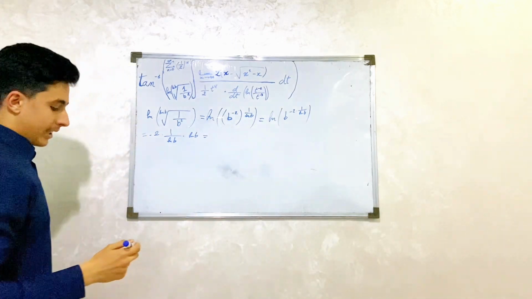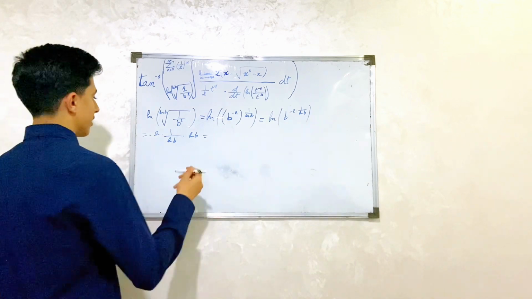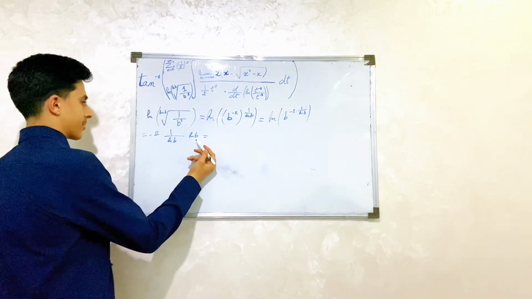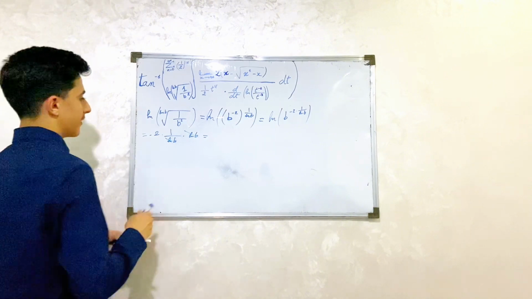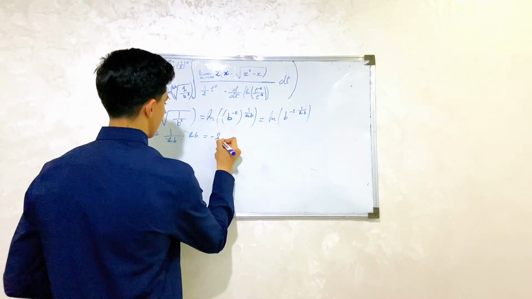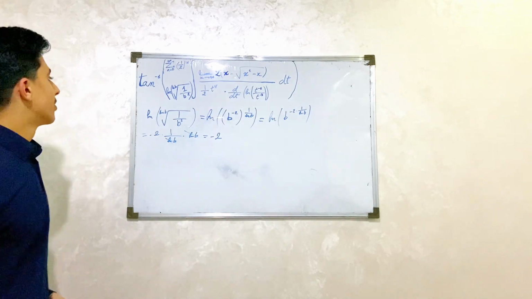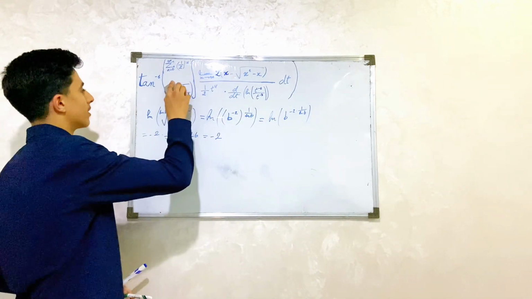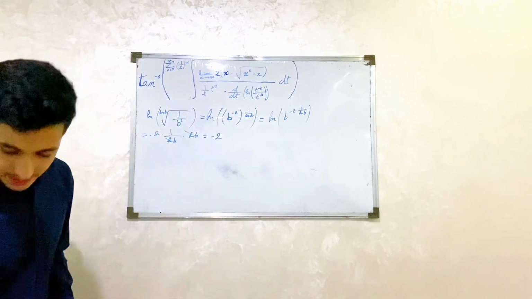Here we can see that we have ln b on both the numerator and the denominator. You can just cancel them out, which will leave us with negative 2. So we can go right up here in the lower bound of the integral and replace it with negative 2.